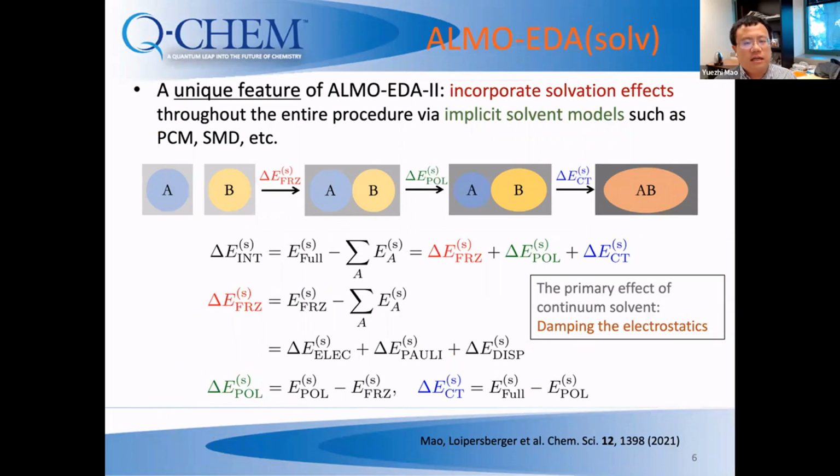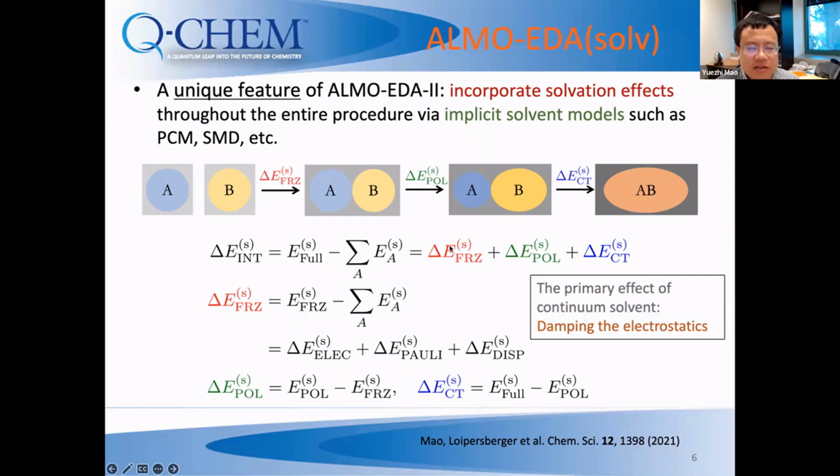Another unique feature of the second generation ALMO-EDA is that it can incorporate solvation effects throughout the entire procedure with implicit solvent models. This scheme looks quite similar to the original gas phase ALMO-EDA scheme, except that now we are decomposing the energy difference between the solvated complex and the individually solvated monomers.